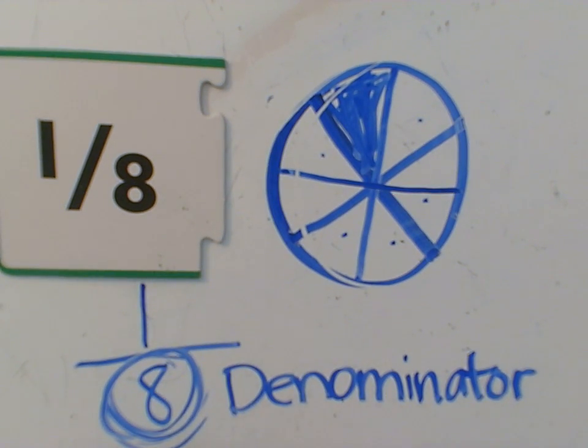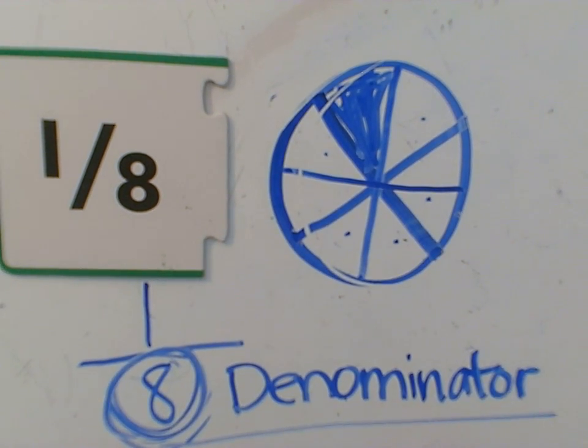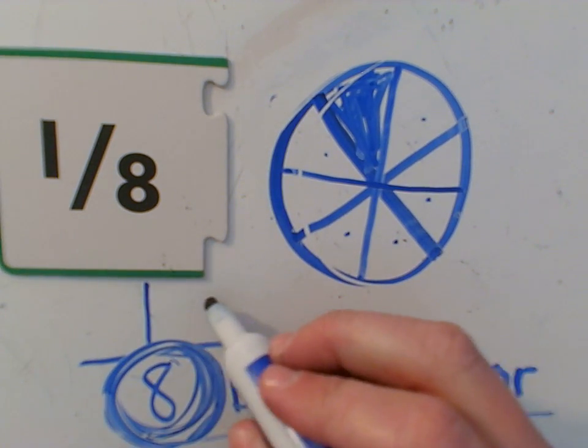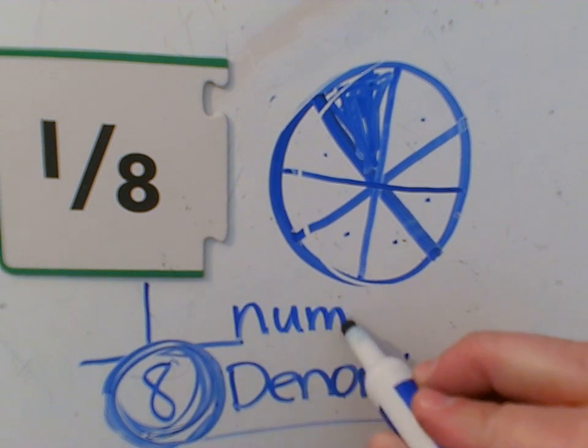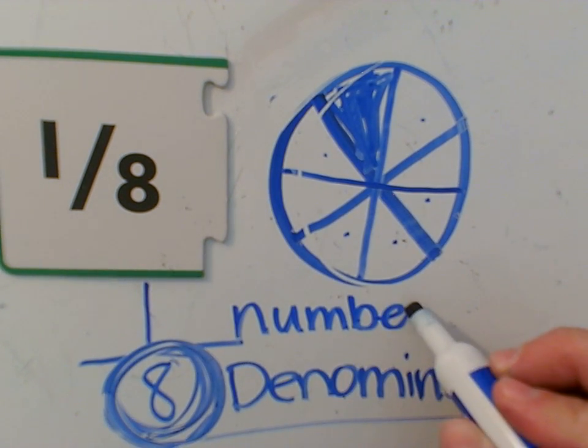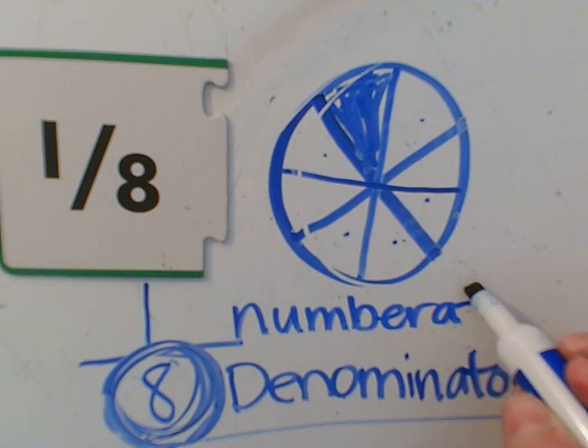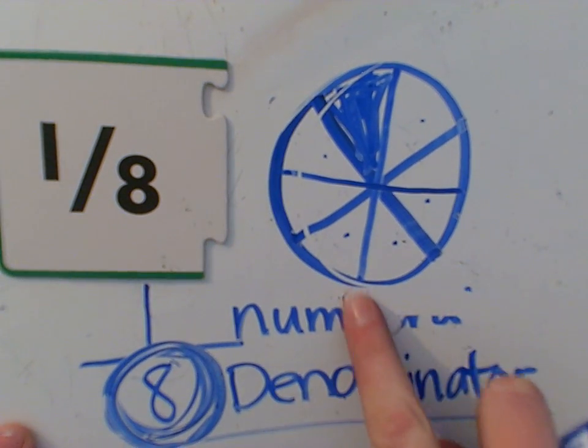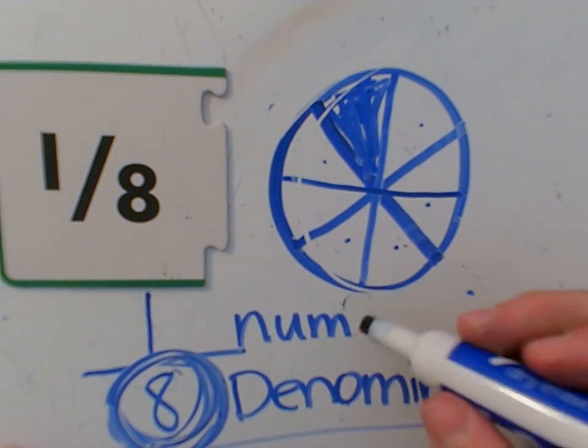Okay, so if the bottom is called the denominator, I think of somebody who is like dominating, like they're in charge, the boss, right? That's going to give us the number of equal parts. And then this one is actually called the numerator.